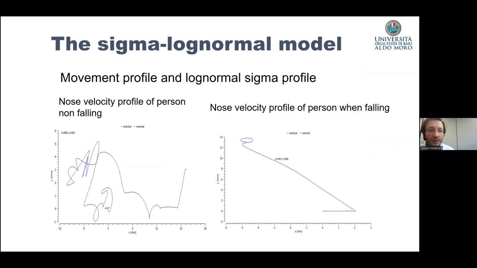We used the sigma log normal model as before. I already explained the kinematic theory of rapid human movement. In this case, there is also the velocity profile of the nose of a person non-falling on the left and a person falling on the right. It's clear that we can see a clear pattern when the person is falling, as on the right.